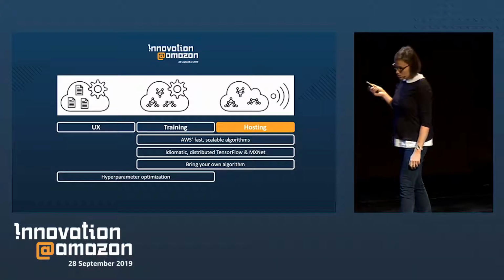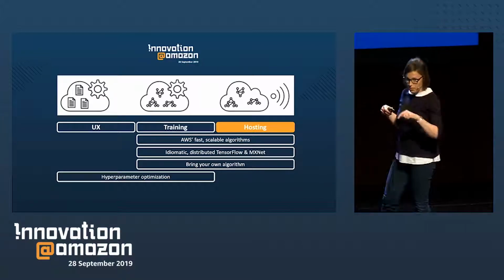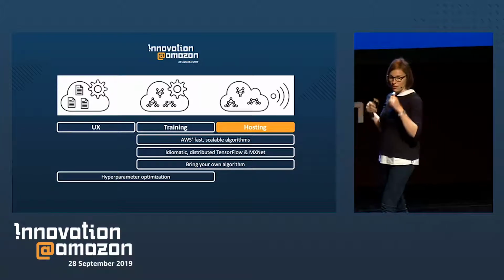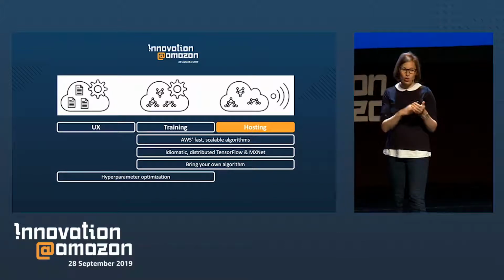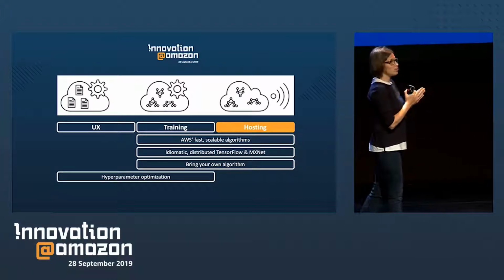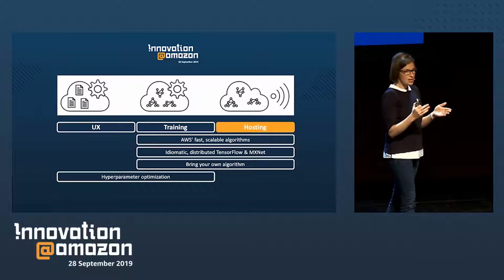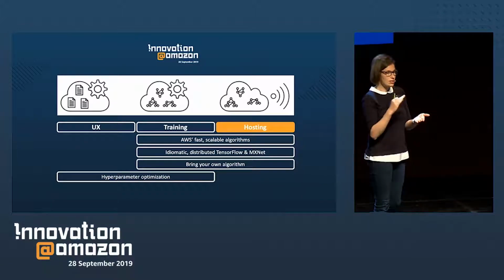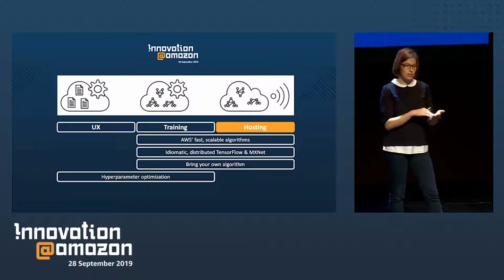Hosting. Once you have your model, let's have an example. You have an application where customers are clicking, and you want to respond on the fly using your model. An example of that would be advertisement. You have an app, and there is an advertisement using some content from the app.